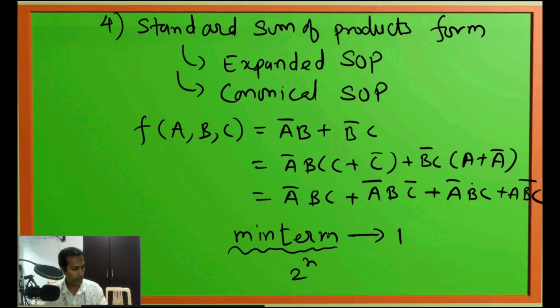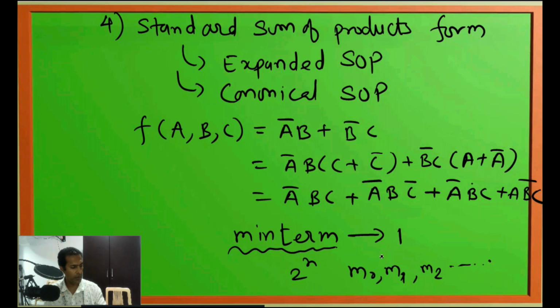Min terms we denote by small m, say m0, m1, m2, and so on. Now these suffixes are the decimal codes of the combination.